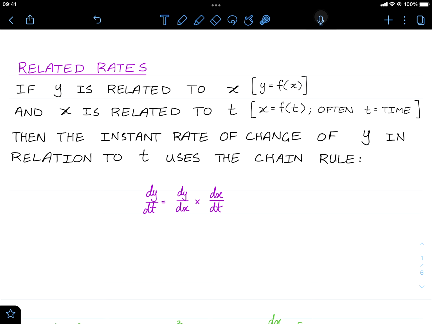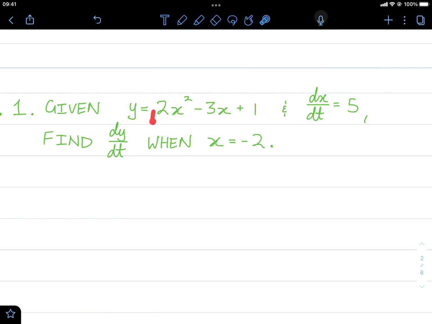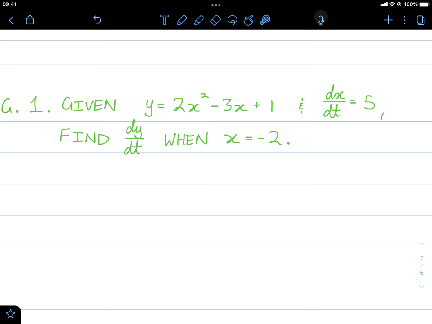So let's take a look at this in an example. So let's say we're given y equals this function of x, and the rate of change of x being 5. Let's find the rate of change of y against t. So just to give this some context, let's say we have y being volume or area. Okay, let's say it's area.